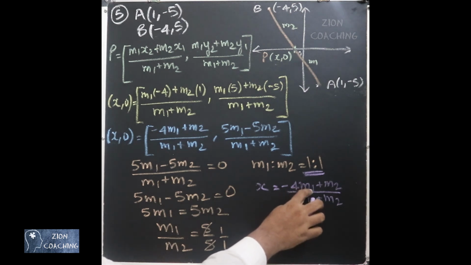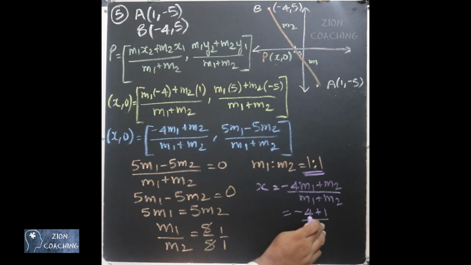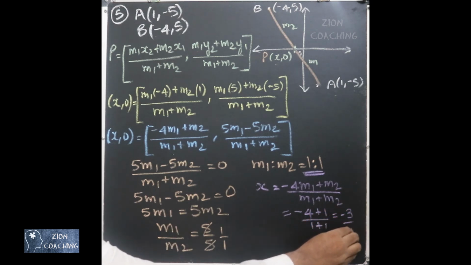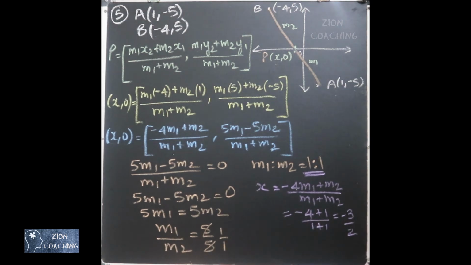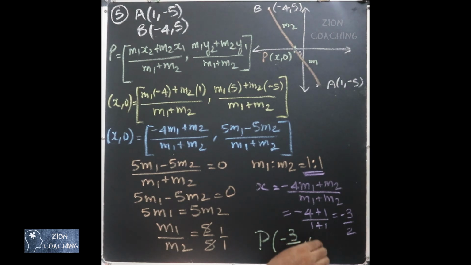Minus 4 into 1 is minus 4, plus m2 which is 1, divided by m1 plus m2, that is 1 plus 1, which is 2. Now minus 4 plus 1 is minus 3, divided by 2. Now we have found the x value. So that point P on the x-axis is going to be minus 3 by 2, 0.